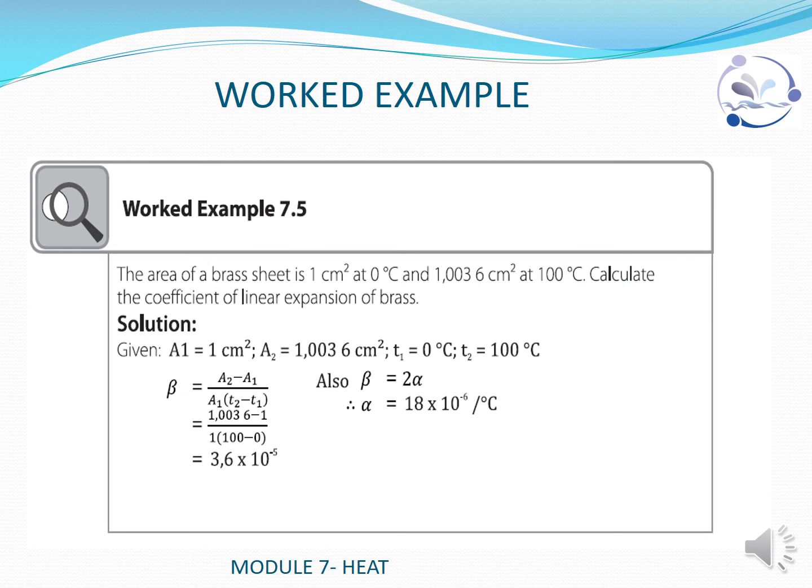Again, then we do our next example. The area of a brass sheet is 1 centimeter squared at 0 degrees Celsius and 1.0036 centimeters squared at 100 degrees Celsius. Meaning that here we're having an increase in area.